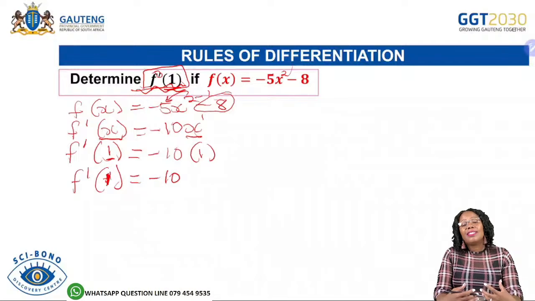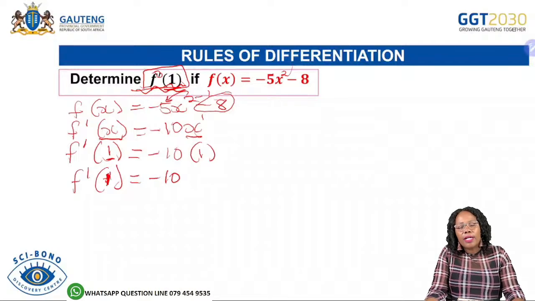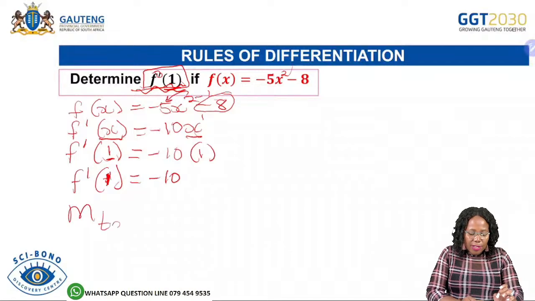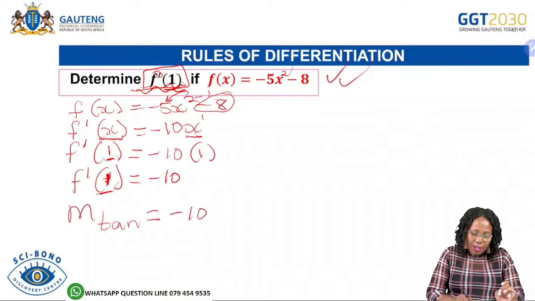Grade 12. This is taking us to the gradient of a tangent to a curve. This is the method that we use to determine the gradient of a tangent to this particular graph at a certain point, where x is equal to 1, it will be that minus 10.